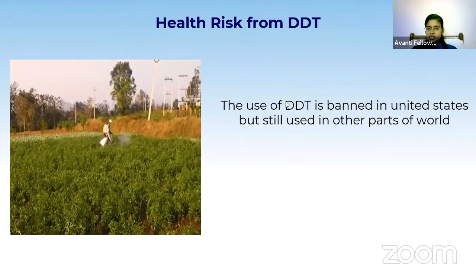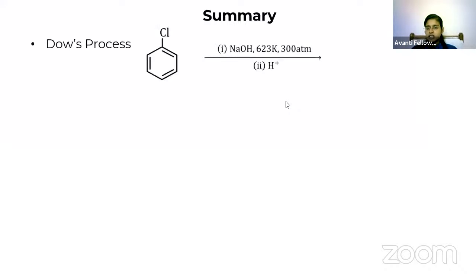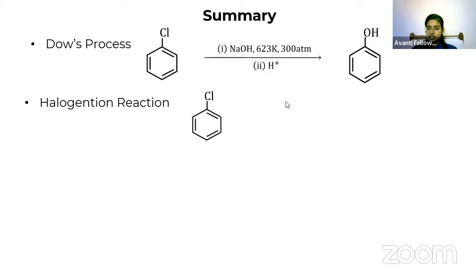Let me summarize today's topic. Today we started with the Dow process, which is the nucleophilic substitution reaction, right? Under drastic conditions, we have substituted the nucleophile. Coming to electrophilic substitution, we have studied 5 reactions.